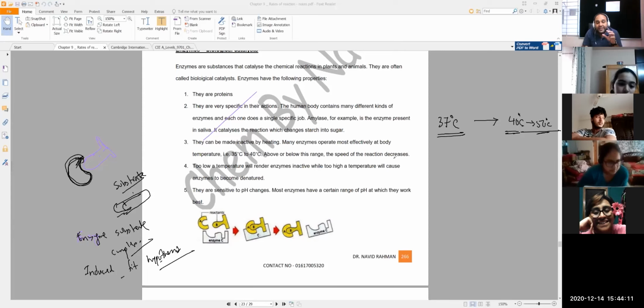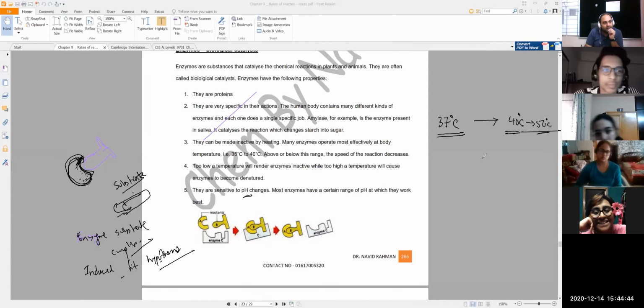So when you give them very high temperature, the shape of the active site is destroyed, because the bonds which are holding the shape of the protein break down. So that's why enzymes do not work under very high or very low temperature.